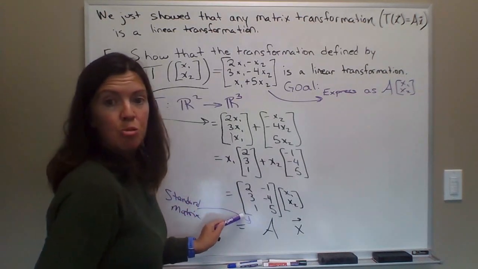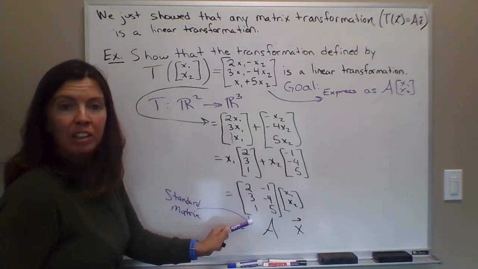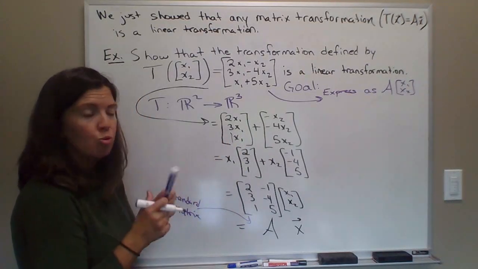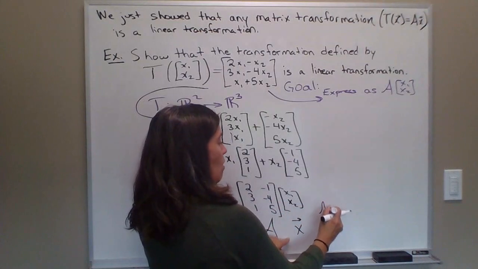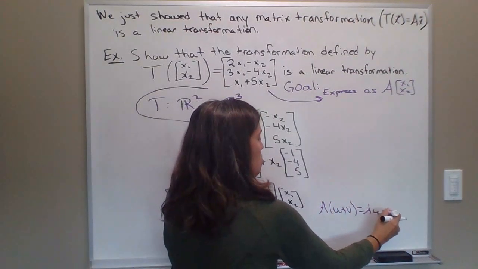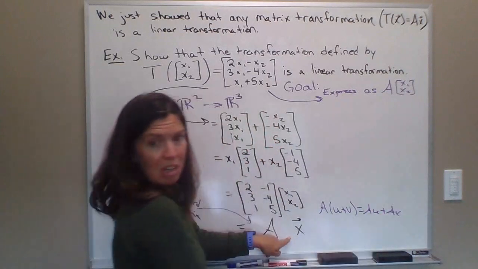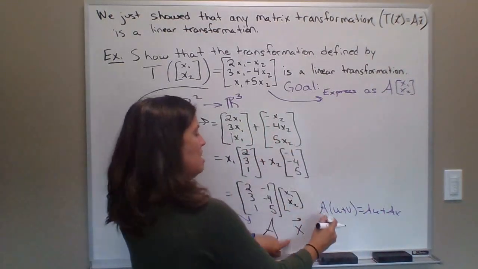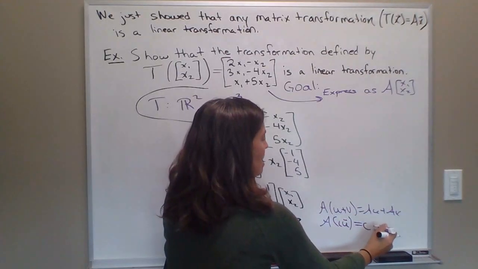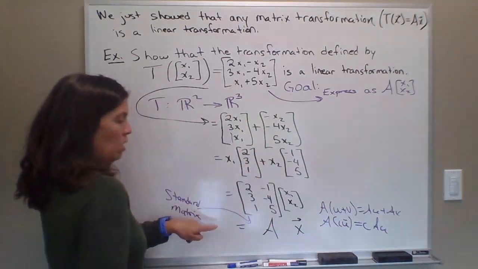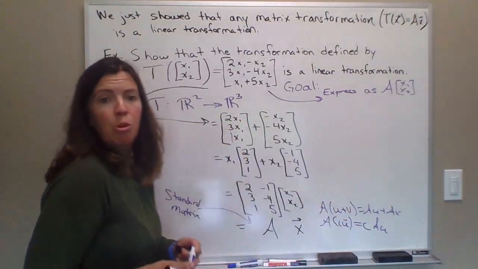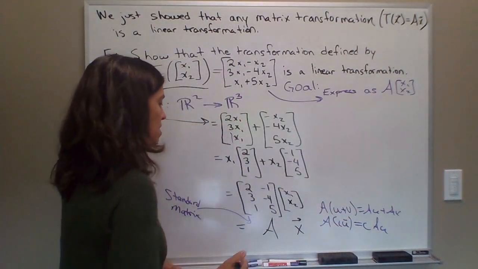So now that we've expressed it as a matrix vector product, because of those properties of matrix arithmetic, I can say A times (U plus V) is the same as A times U plus A times V. That's a property of our matrix arithmetic. And A times CU, this is what I did in the last example, but just to reiterate, is equal to C times A of U. So it preserves addition, it preserves scalar multiplication, it's a linear transformation.